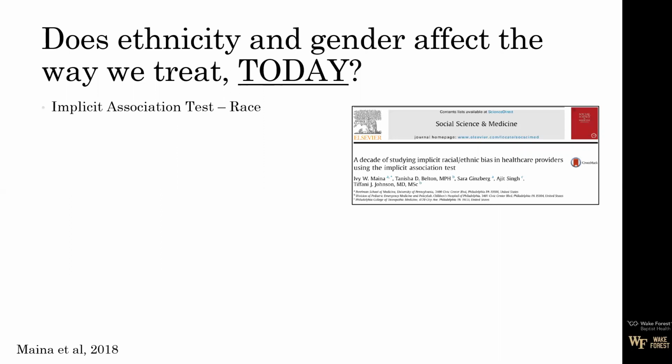Well, you might be wrong, because I looked at a recent study in 2018. This was a systematic review that looked at something called implicit association tests. You can take this test for age and other biases, but they looked at just race. Let's say we're looking at a white group and a black group.